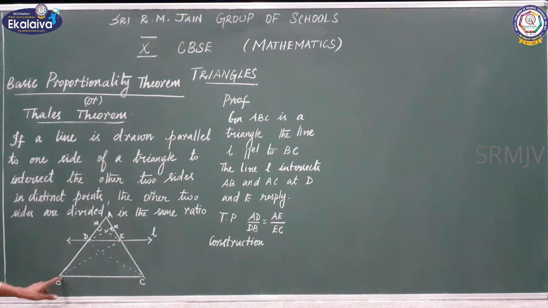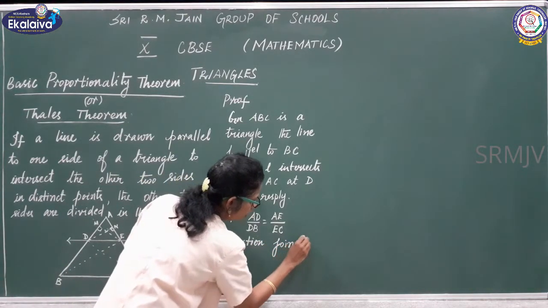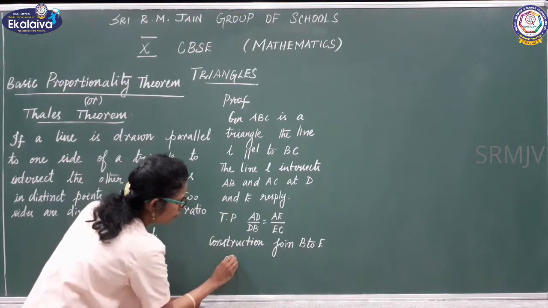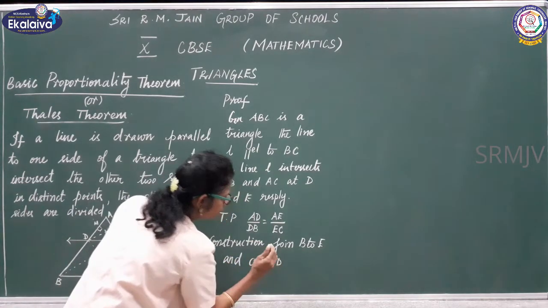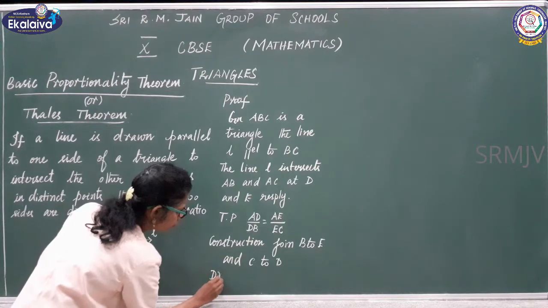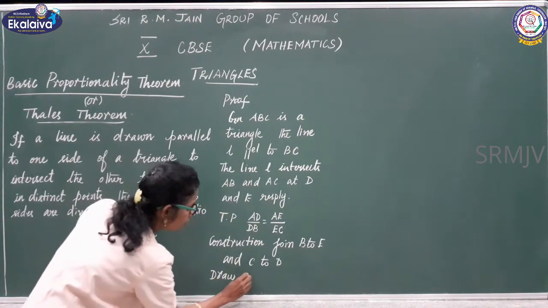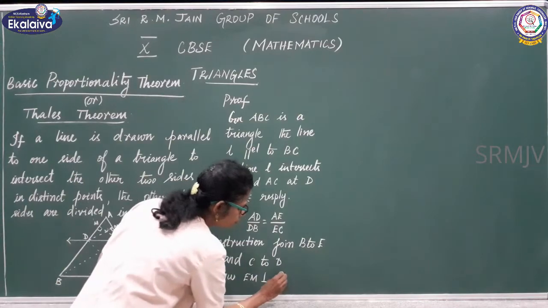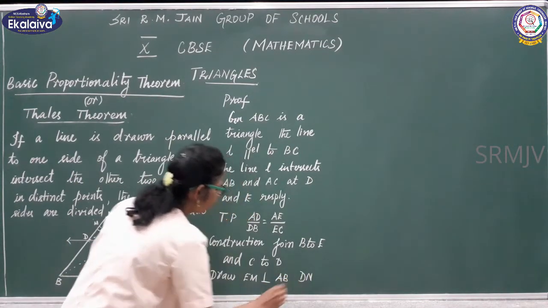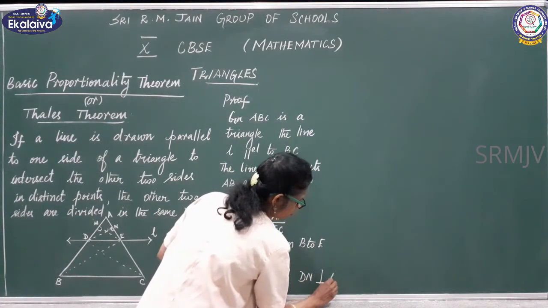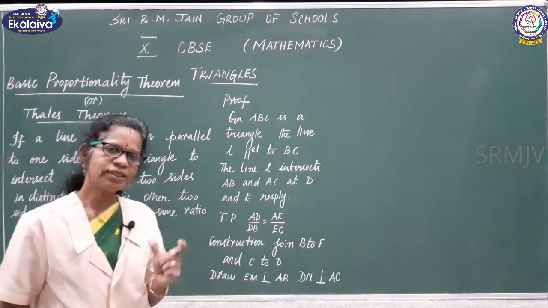Construction: join BE and CD, join B to E and C to D. Then draw perpendicular lines, that is EM perpendicular to the side AB, DN perpendicular to the side AC. Over.